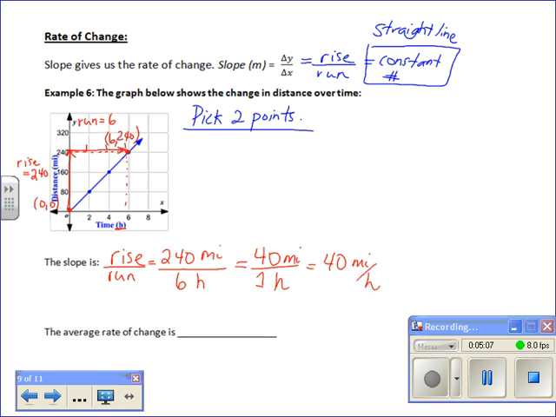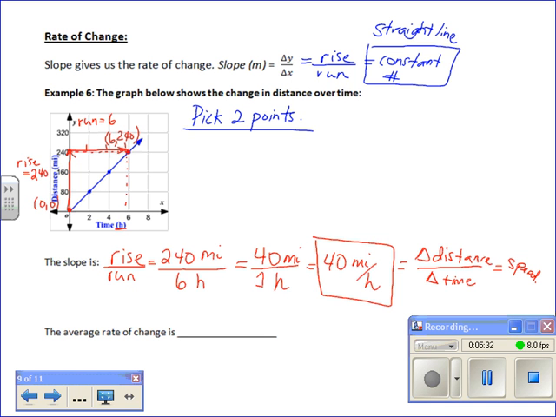What did we just calculate? We figured out the rate of change for our graph. This right here, miles per hour, is equivalent to the change in distance over the change in time, which is speed. This is speed or a velocity.